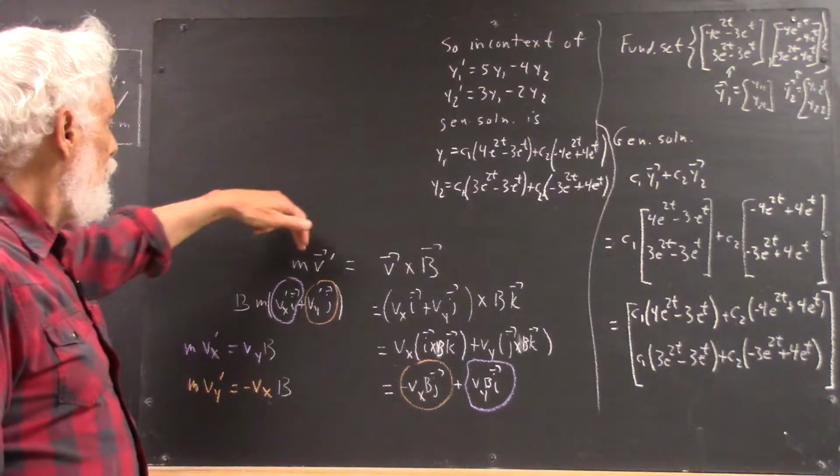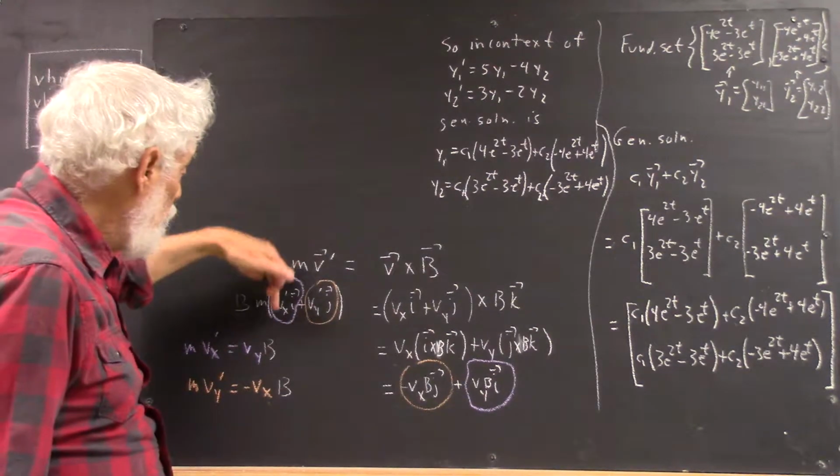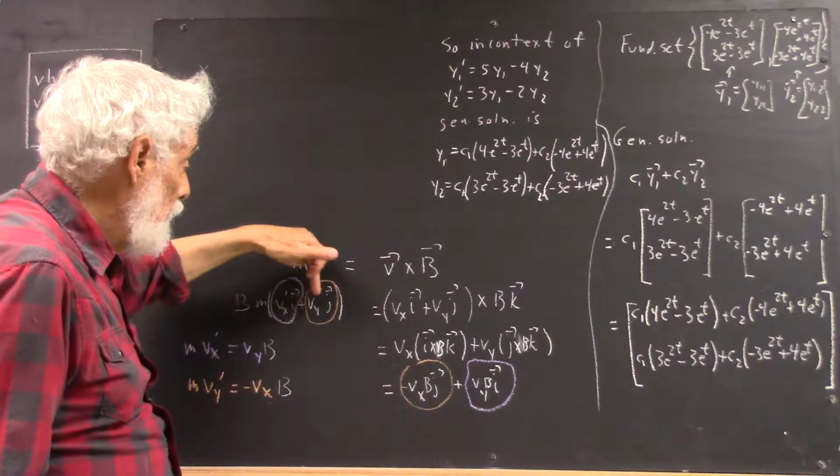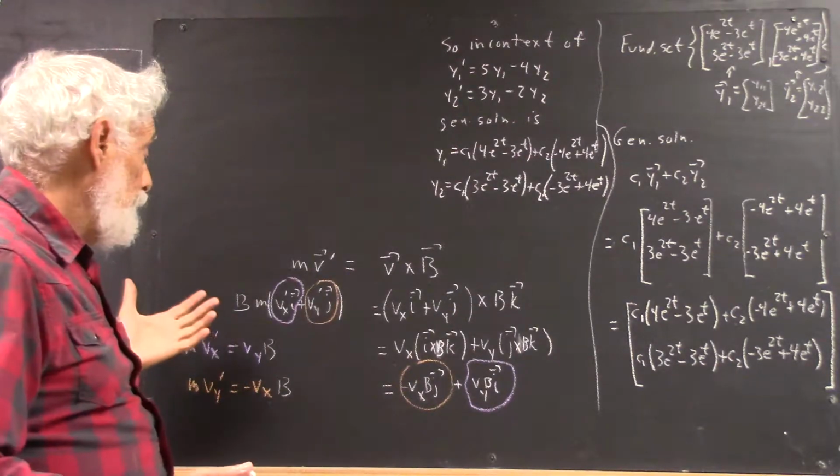Okay, well, V prime is just what? It's Vx prime i plus Vy prime j. So now what do I have?